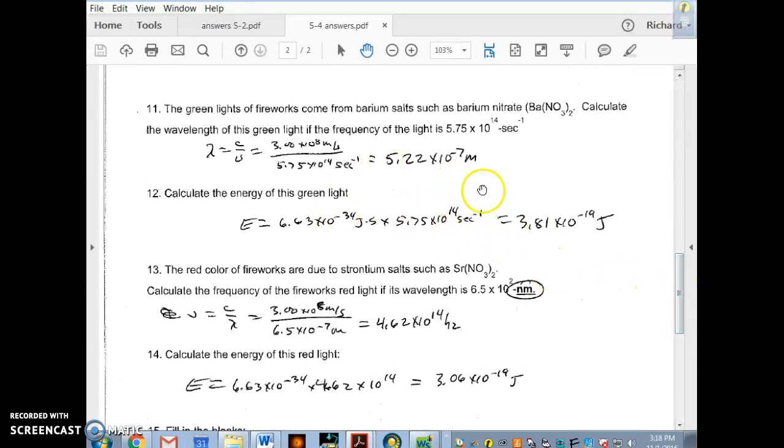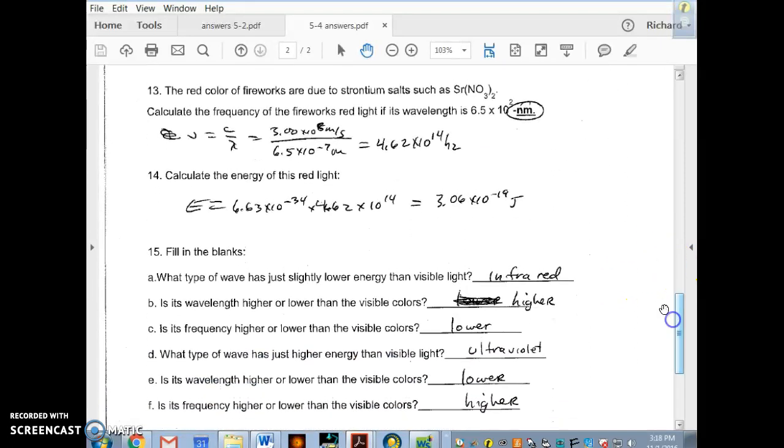We're looking good here. Now, here's where people got caught on number 13. Look on number 13. Nanometers. So first thing I had to do was take this number and divide by 1 billion. If you take this divided by 1 billion, you get 6.5 times 10 to the negative 7th.